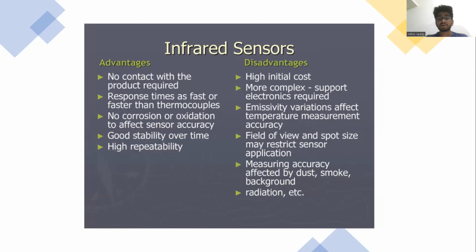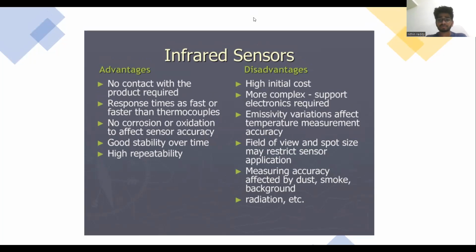Disadvantages are high initial cost, more complex support electronics required, emissivity variation affecting temperature measurement accuracy, field of view and spot size may restrict sensor applications. Measuring accuracy is affected by dust, smoke, background, and radiation.